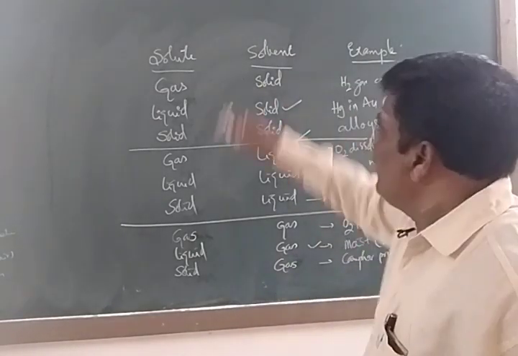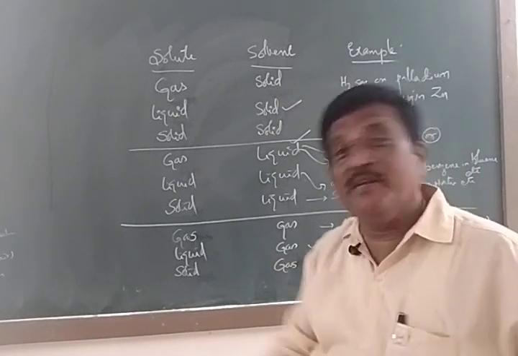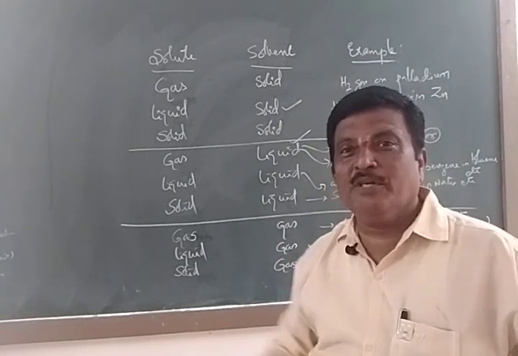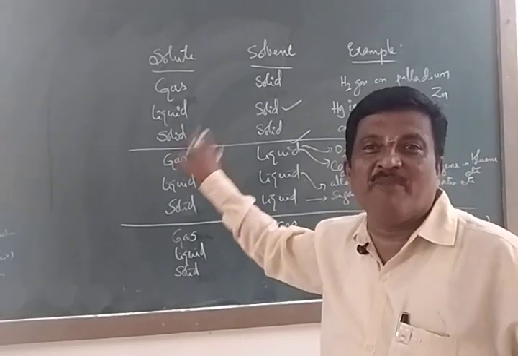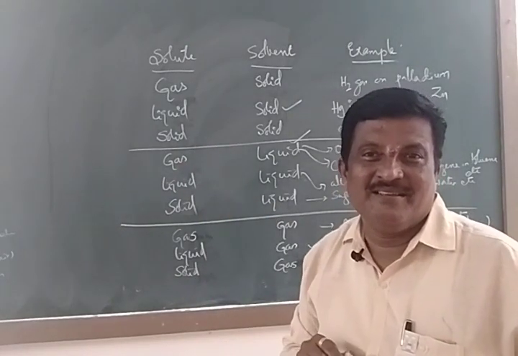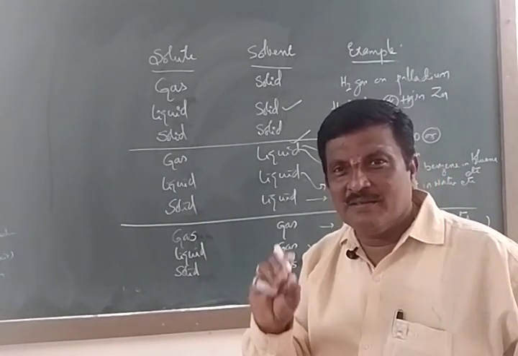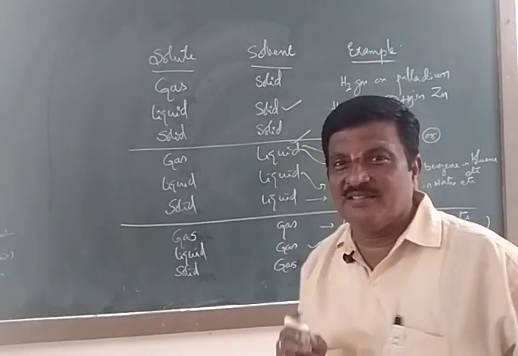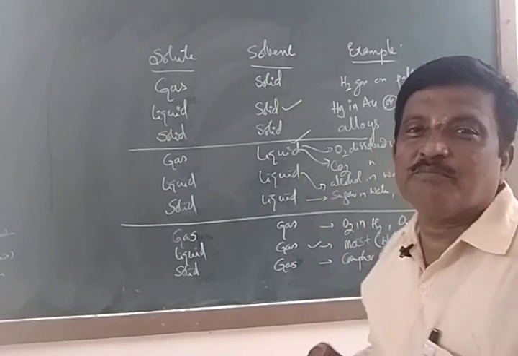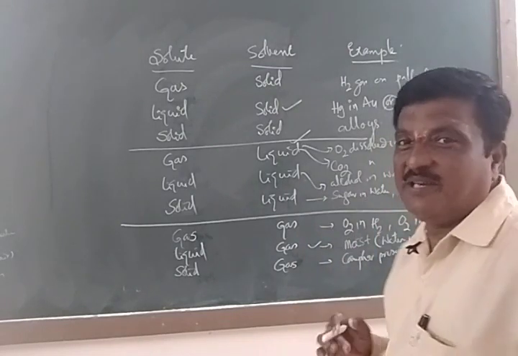Usually, because other types are very common, we never expect examples of the common types of binary solutions. Only if there is somewhat of a difficulty, such examples we can expect in the examination.